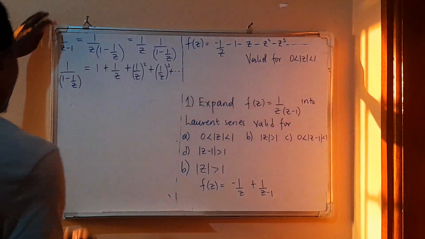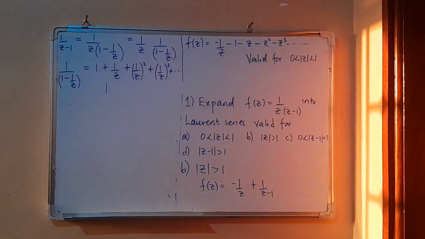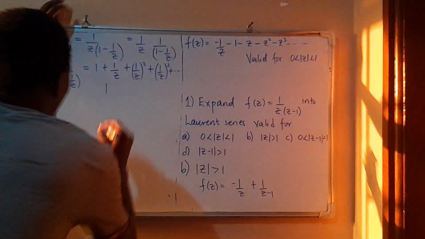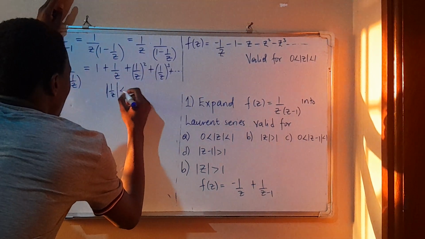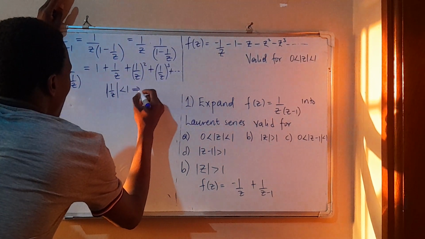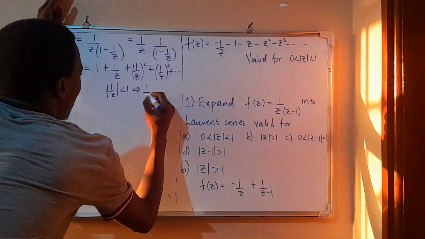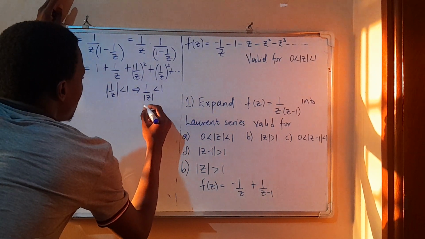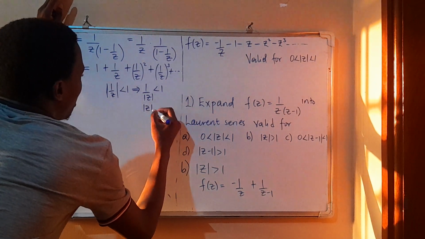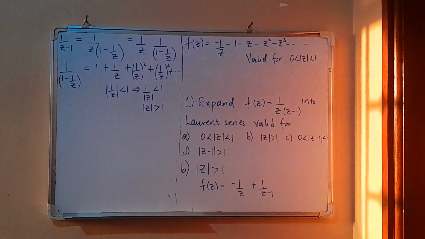And this is valid for absolute common ratio less than 1, absolute r less than 1. Our r is 1 over z less than 1. And this is the same as 1 over absolute z less than 1, which implies absolute z greater than 1. So this converges for absolute z greater than 1.